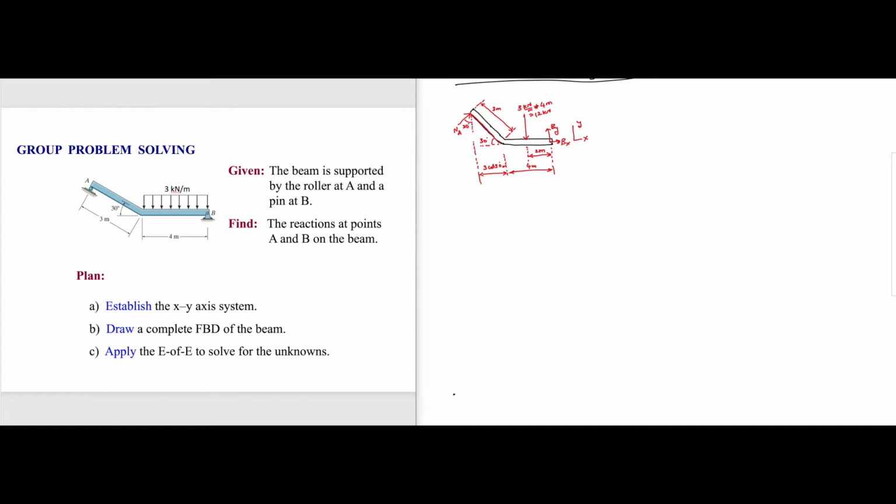And the height will be 3 sine 30. Because there is no gap there, what I'll do is I'll write the height somewhere here. That is going to be 3 sine 30 meters.